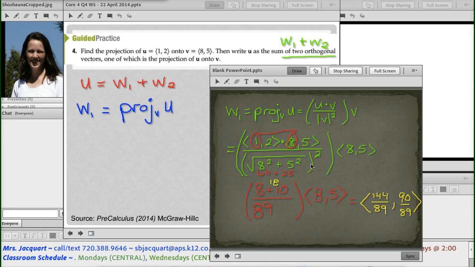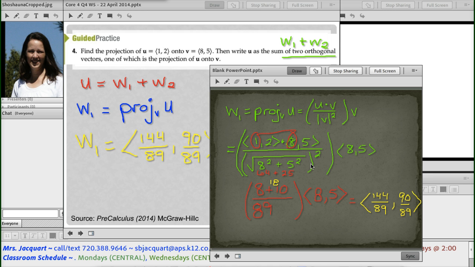So let's go write that over here. W1 equals 144, so this is my projection, over 89, 90 over 89.